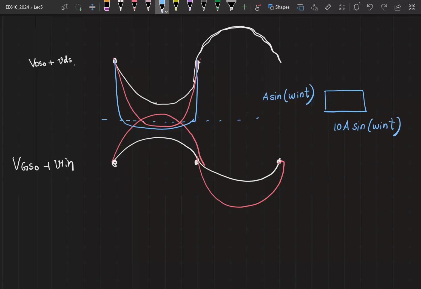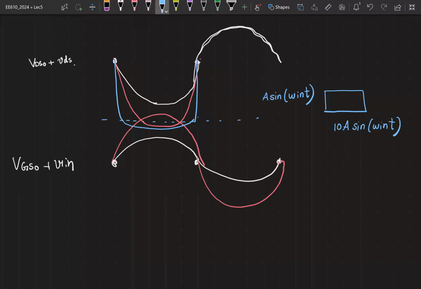Now, once you have a distortion, what is it that you are seeing at the output? You will see multiple frequencies, right? You have a distorted sine wave. If you only had a sine wave and you wanted to analyze the frequency content, you would do a Fourier analysis and you will see that only one Fourier coefficient is present, and that corresponds to the frequency of omega in, right?